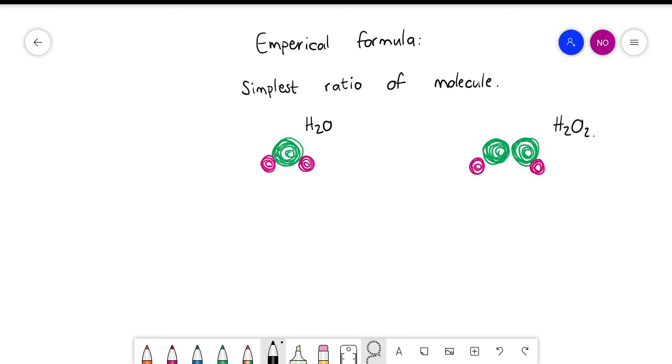Water en waterstofperoksied. No, it's just peroxide. Hydrogen peroxide. Okay. Goed. Albei van daai word saamgestel uit waterstowwe en suurstowwe. Do you guys agree? The relationship of hydrogens to oxygens in this one is 2 to 1. Do you agree? Vir elke 1 suurstof is daar 2 waterstowwe.